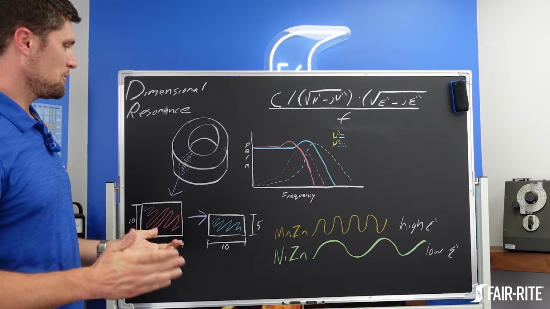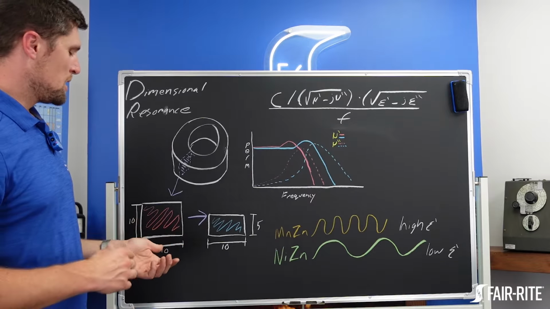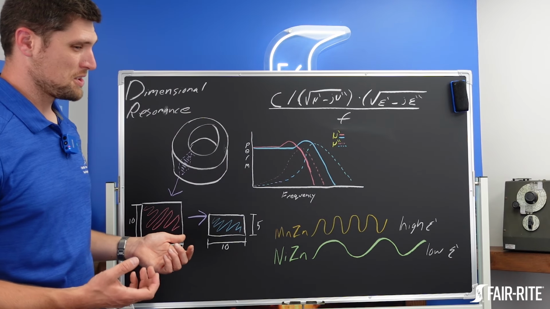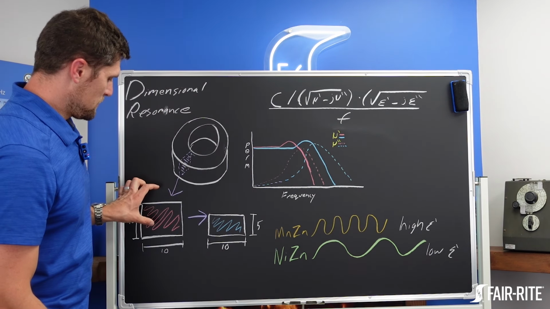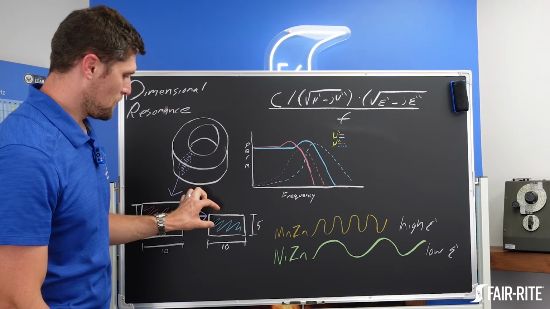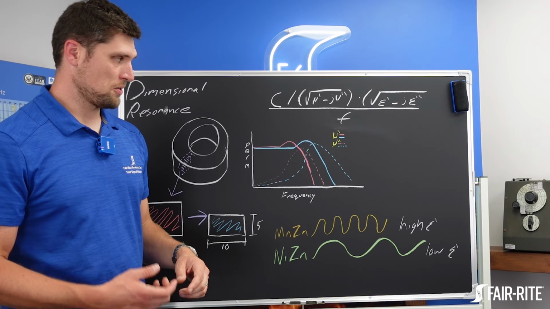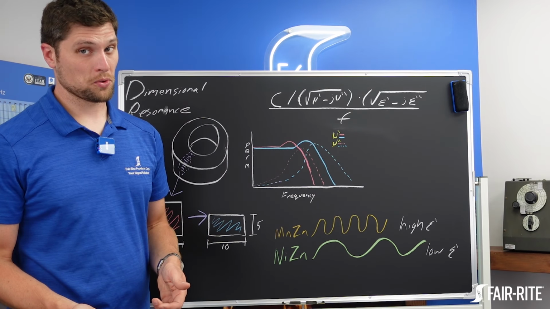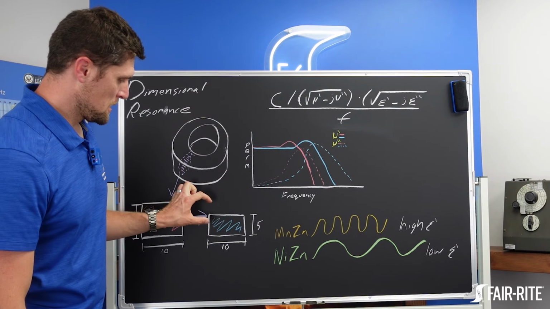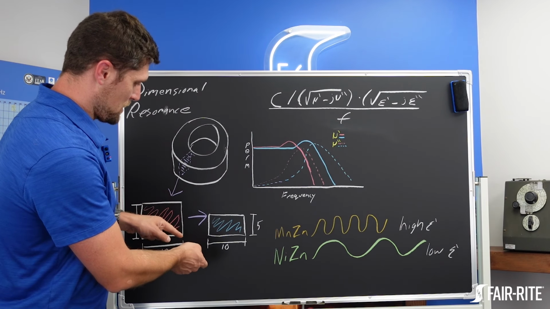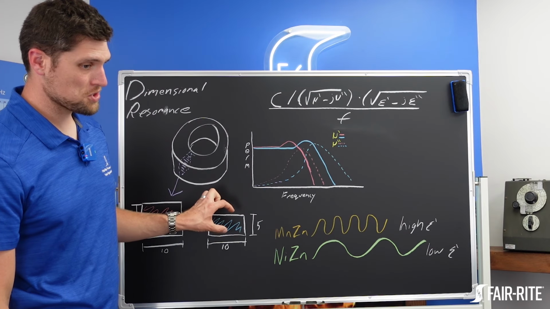So this is kind of what we know so far. What seems to be the thing that affects it, and this is still an area of research, I'm mentioning just reducing one dimension in the cross-sectional area. One of the things that seems to have the strongest correlation based on testing that we've done is reducing just one of these two dimensions in the cross-section.